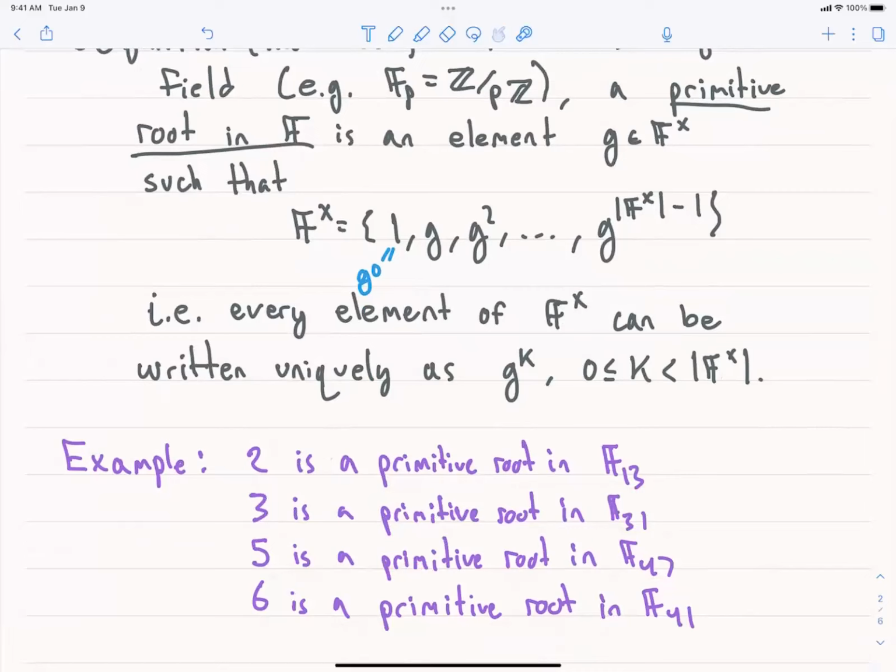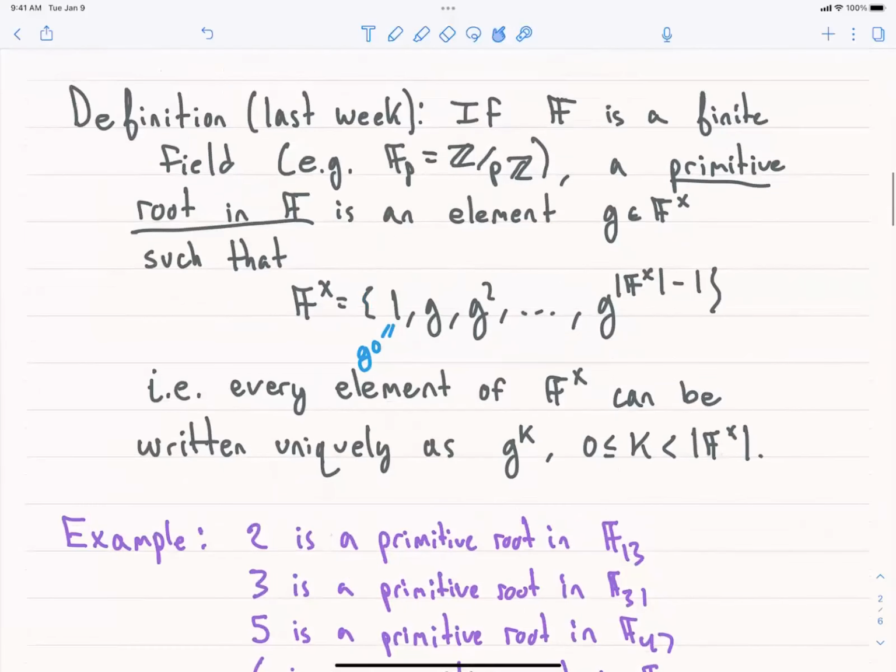So we saw, at least in lots of examples, that primitive roots exist. And implicit in the description of the Diffie-Hellman algorithm is the statement that primitive roots always exist. So today I want to say just a little bit about how you justify that claim that there always is a primitive root.